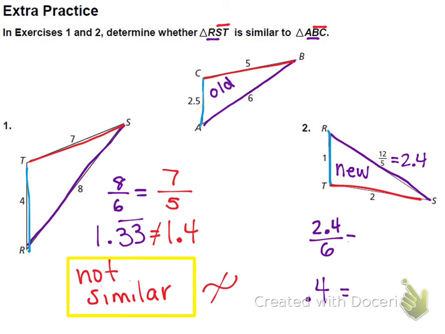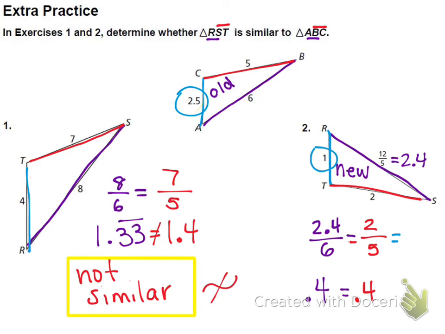Which sides would you like to do next? We have BC and AC. Which one? BC, sounds good. So BC is 5. It corresponds with 2. The new length is 2. Old length is 5. This definitely makes 0.4. Things are looking good. And then last, we have 2.5 and we have 1.